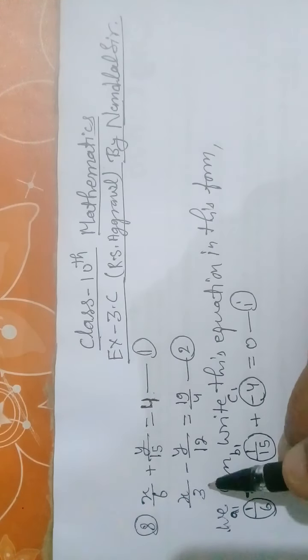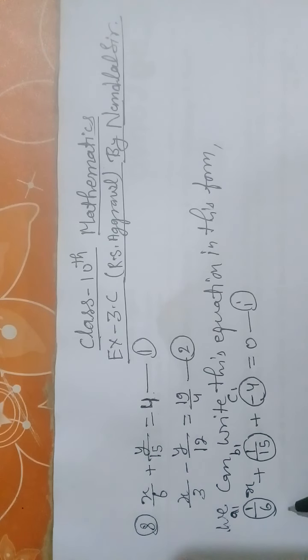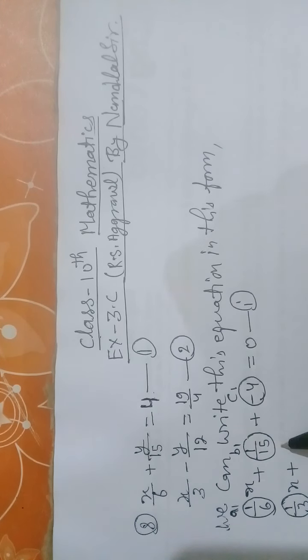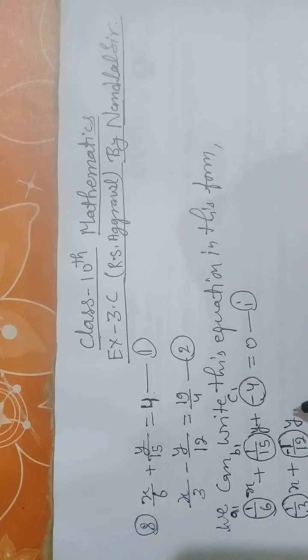Similarly, we can write equation 2: 1 by 3 x plus minus 1 by 12 y plus minus 19 by 4 is equal to 0.